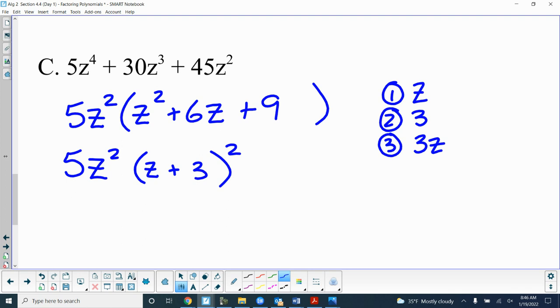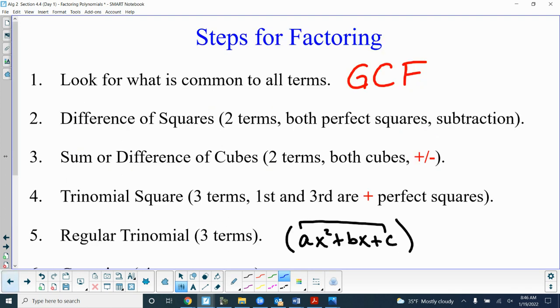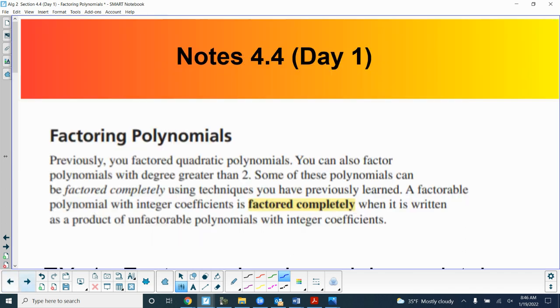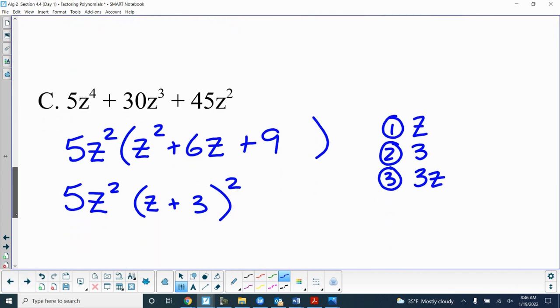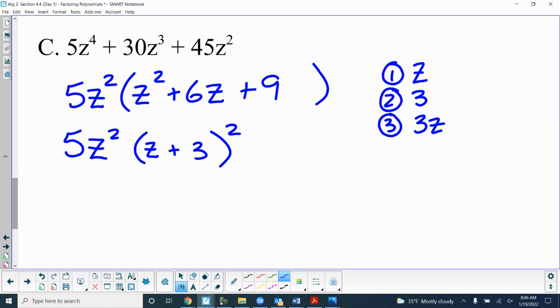Okay, number 4 on our list, right? There are 3 terms, trinomial, first and third are positive perfect squares, and then our 1, 2, 3 test worked. Okay? Questions on example C? So far, every problem we've had a GCF, right?